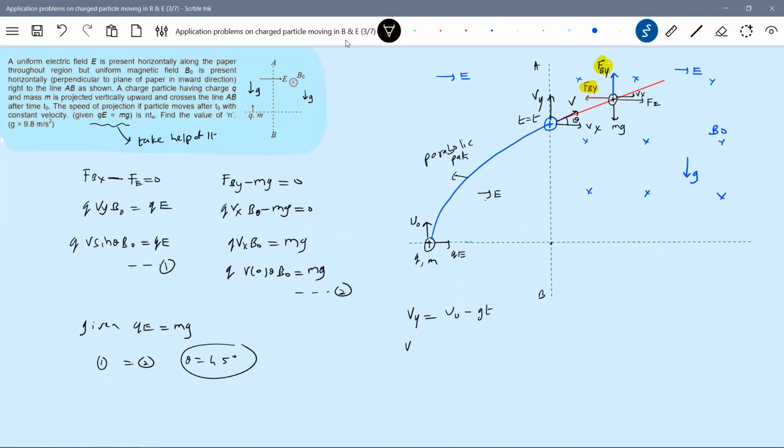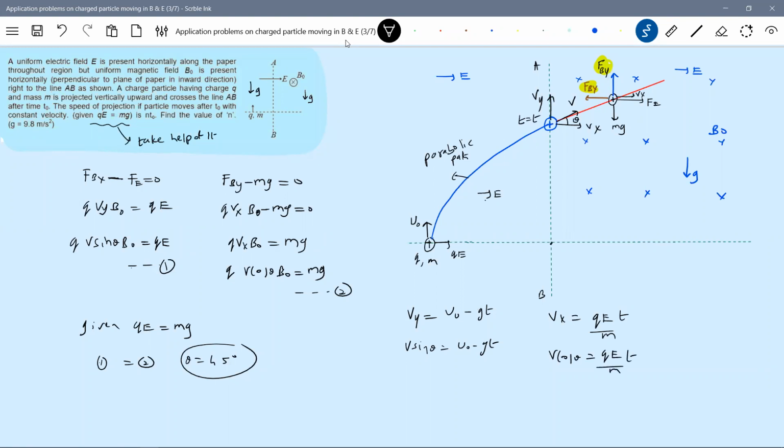We can assume it to be V sine theta. What about Vx? Vx is equal to acceleration QE by m into t. So Vx equal to V cos theta.